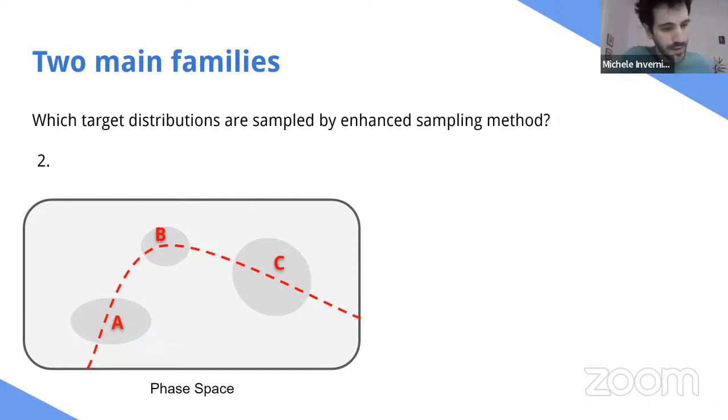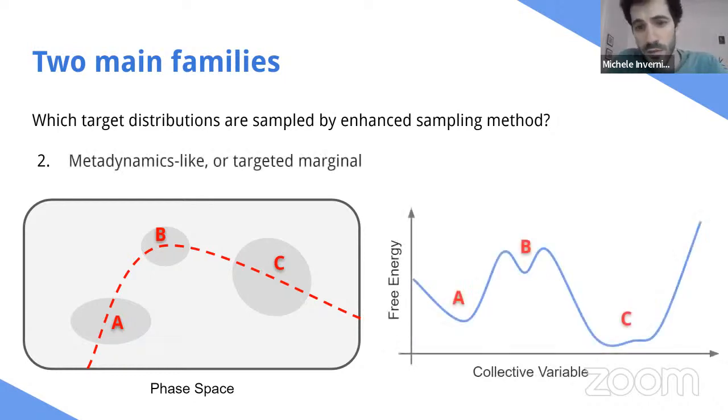The other possible strategy to choose a target distribution is to identify an order parameter that distinguishes between these metastable states and use it to project along this collective variable, and you can obtain a free energy.